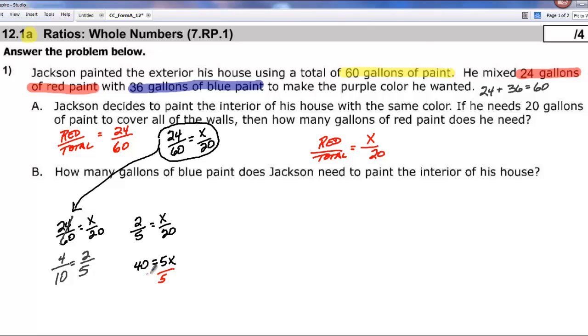Divide everything by the coefficient, and we get 8 is the value of x. So it takes 8 gallons of red. So that's one way to get our answer, 8 gallons of red.